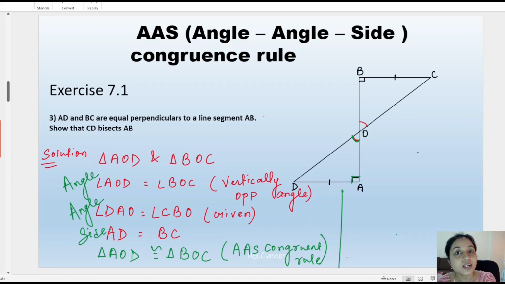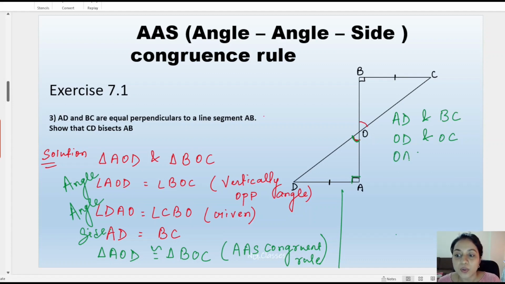Now these two triangles are congruent with each other. Hence all the corresponding sides and the corresponding angles will be equal to each other. So what are the corresponding sides? Here sides AD and BC are corresponding sides which are equal to each other. Similarly, side OD and side OC are also corresponding sides, and since these two triangles are congruent, both sides will be equal to each other.